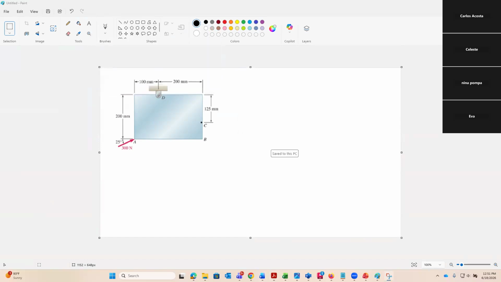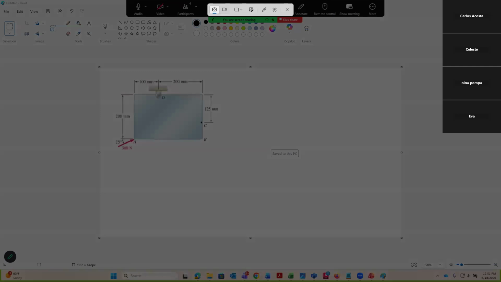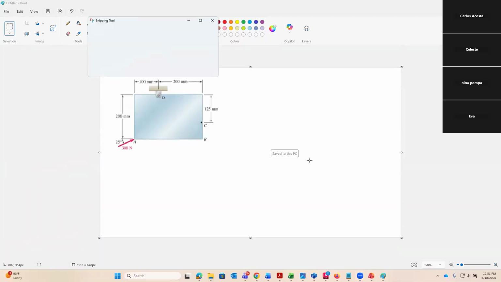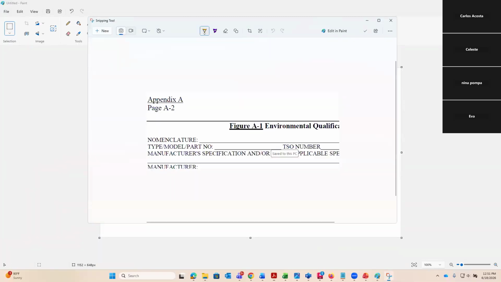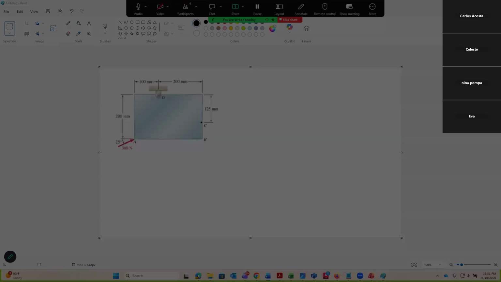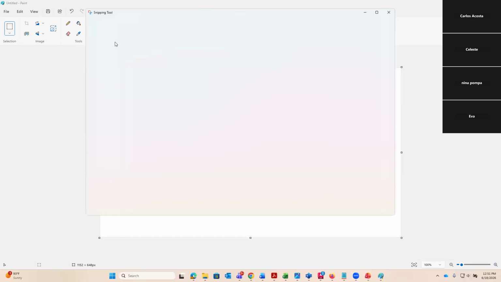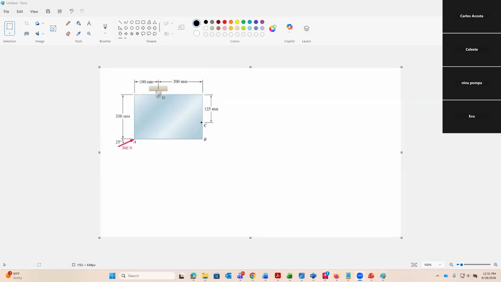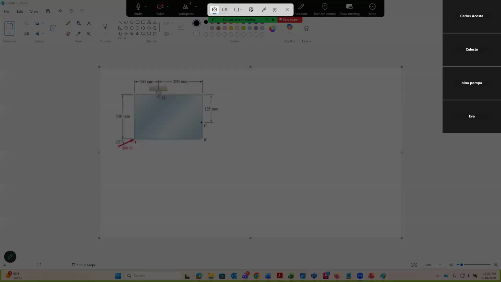Oh, here it is. Oh, I got the wrong document. Sorry. No, it's too small. But I think this example would be good.